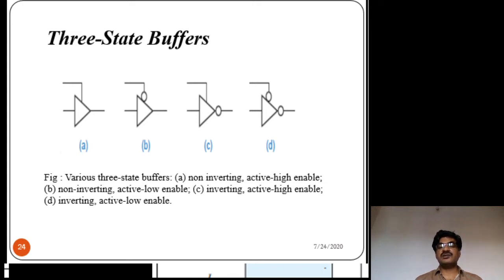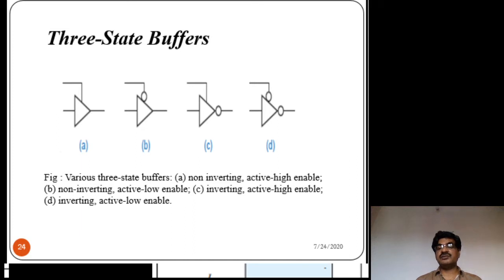The symbol A represents the non-inverting active high enable tri-state buffer. If you see the symbol, inverting means at the output you need to have the bubble. This is a non-inverting symbol.